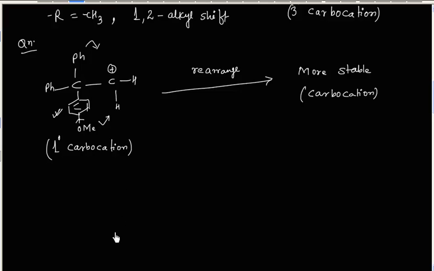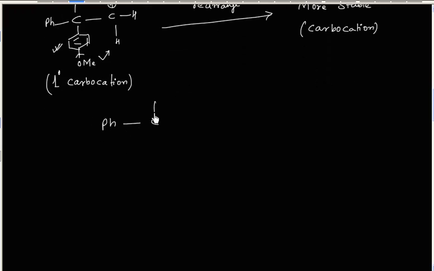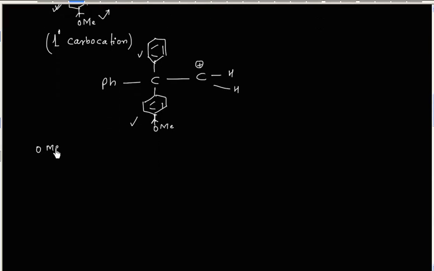So this ring has more electron density, more electron cloud because the OMe group is electron donating, and this happens through resonance. So in this case, mainly this group will migrate.